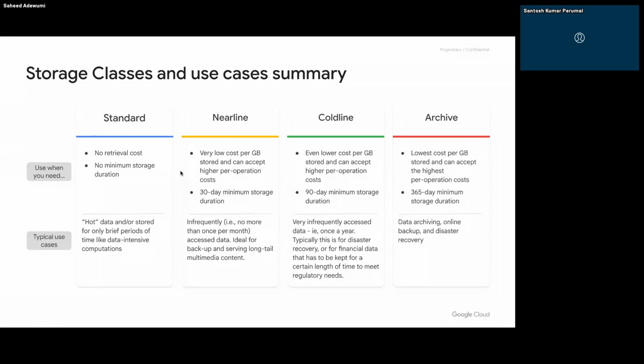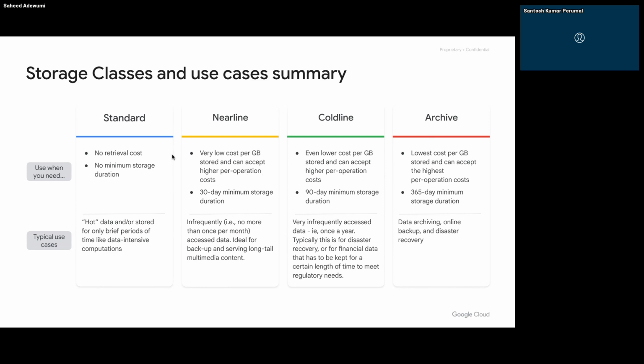Any data you store that you are not accessing within 30 days, you can put in this category. Same thing for Coldline, whereby data you are keeping for 90 days goes in this storage class. And we have Archive, for anything you want to keep over a year.